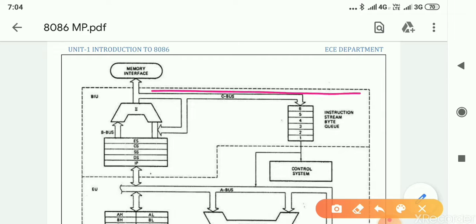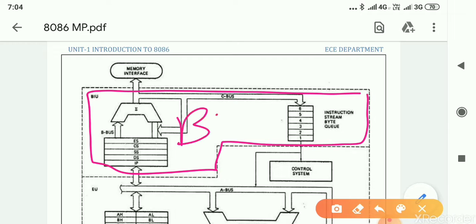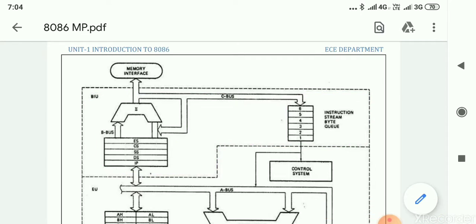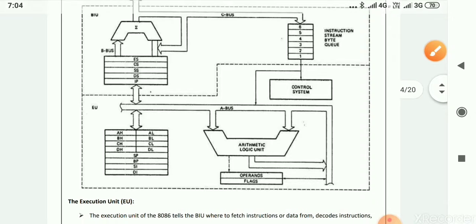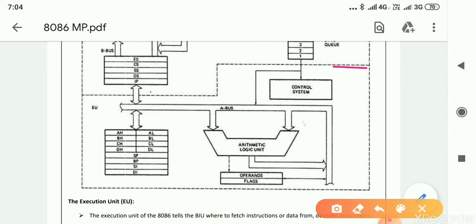In its architecture it has the BIU, and the other part is the execution unit. Okay, so the execution unit mainly contains the arithmetic and logical unit and the control unit, and some internal buses.